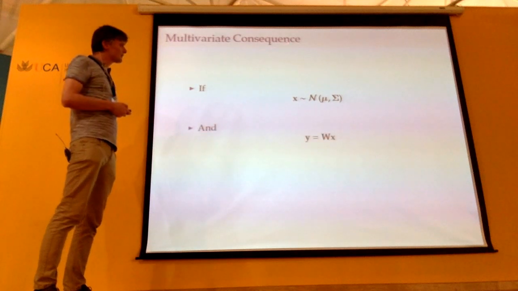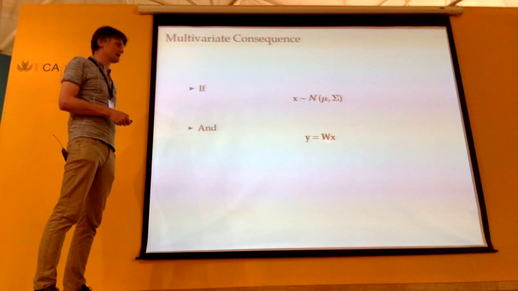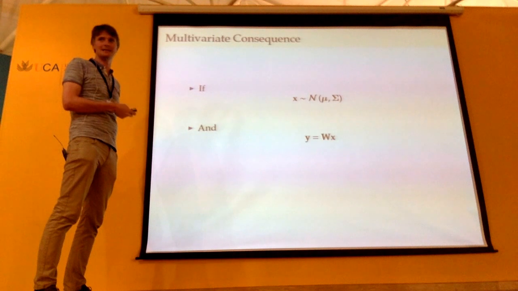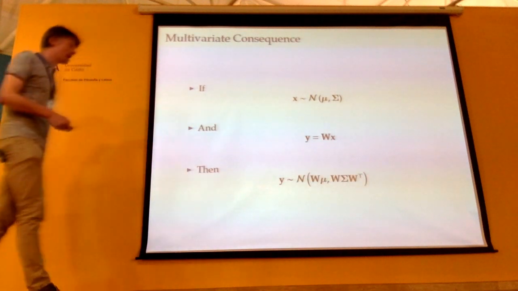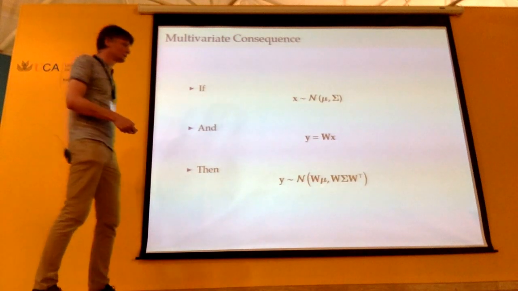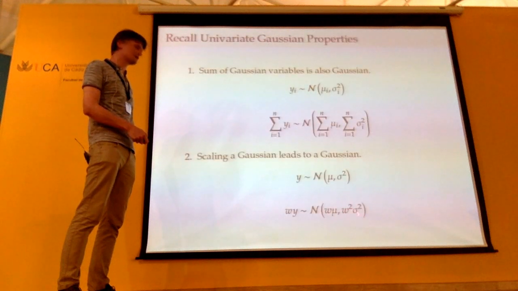If x is drawn from a Gaussian like this, and I say y is wx, where w is a fixed deterministic matrix, then y will be a Gaussian with a mean of w mu, and a covariance of this form. This is the generalization of this equation in the scalar case.